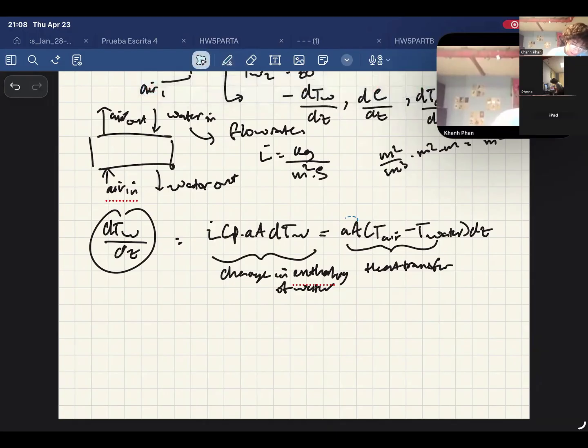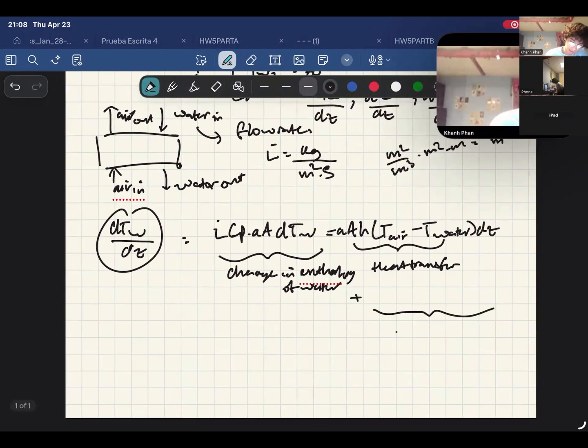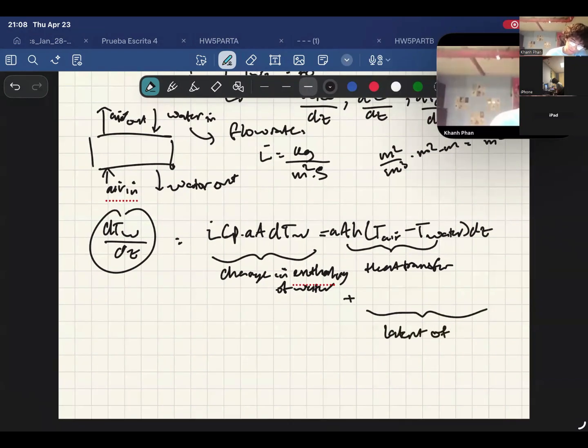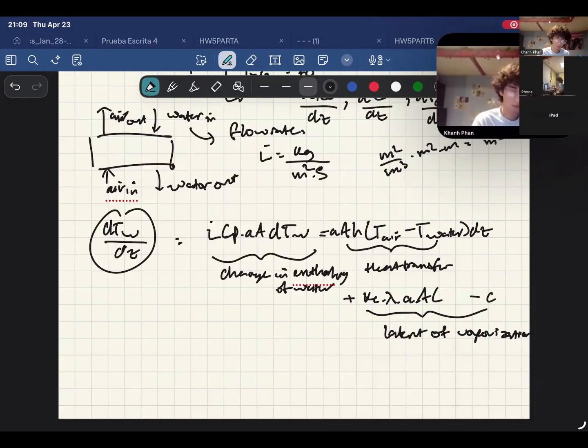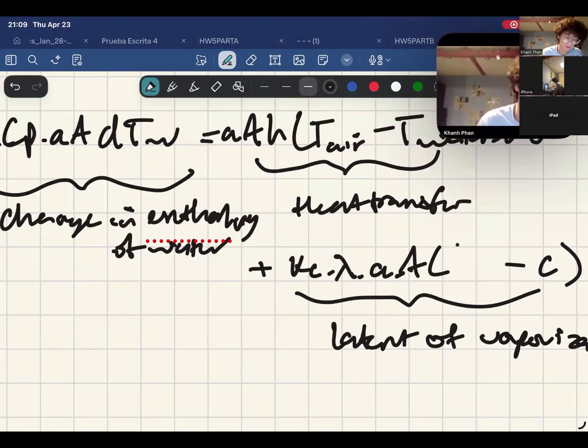Then plus the heat loss by vaporization, the latent heat of vaporization of water, which is k_c times lambda times a packing times surface area times the concentration at the interface minus the concentration in the bulk air.